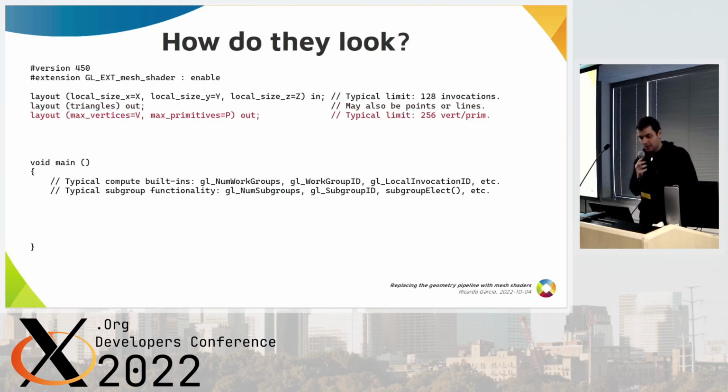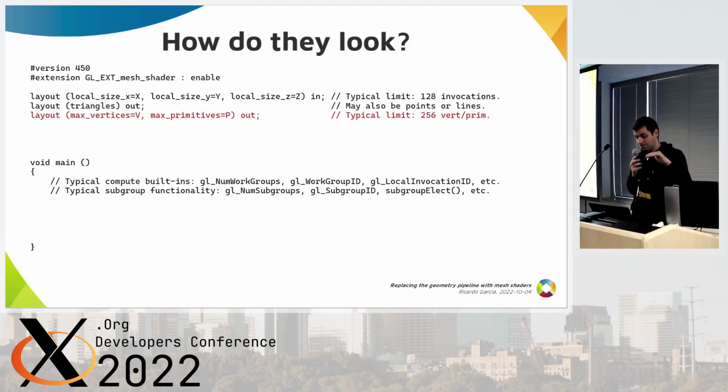Then you must also indicate an upper limit in the number of vertices and primitives that you are going to generate with each workgroup. Generally speaking, this is going to be a smallish number. In fact, in practice, several implementations will limit you to 256 vertices and primitives at most, which is the minimum required limit according to the specification.